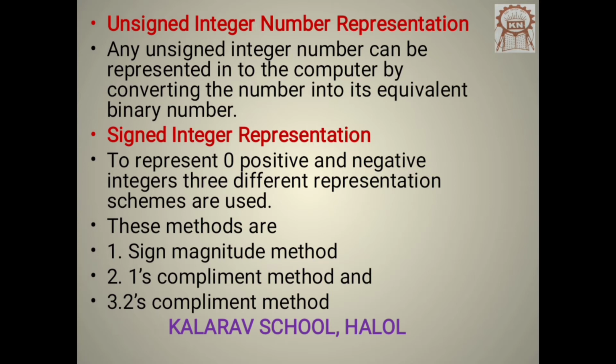To quickly identify whether the given number is a binary number. A decimal number is converted into its equivalent binary by successively dividing it by the base 2.